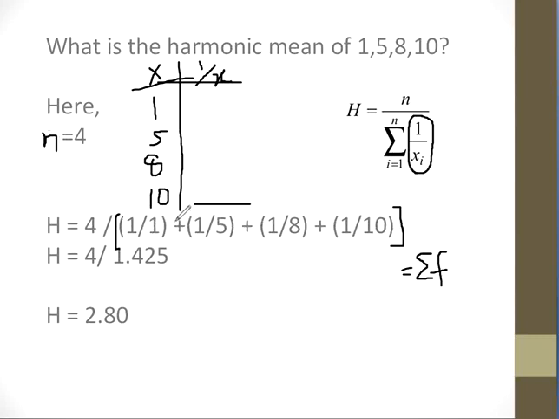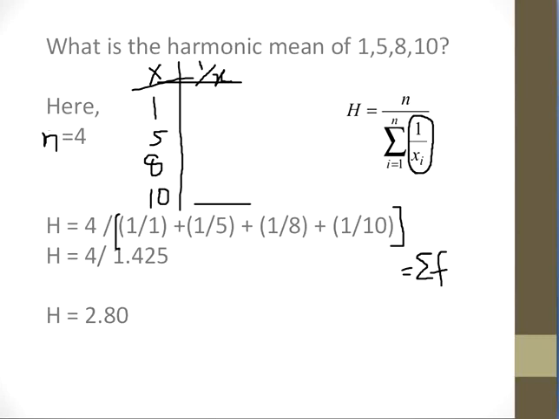Okay, see, we have added these values, because we have to add 1 by x1, 1 by x2, 1 by x3 and 1 by x4. So the sum of this column will be 1.425. So 4 divided by 1.425 is 2.80. Is it clear? Is it clear, girls?